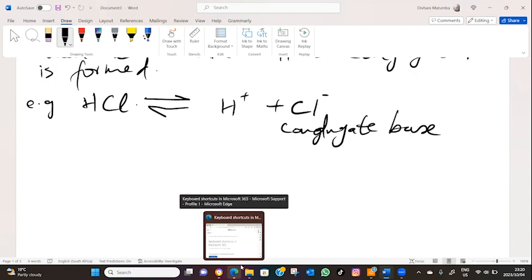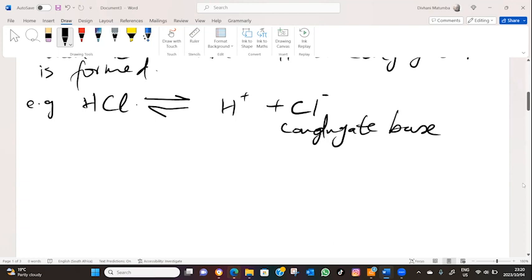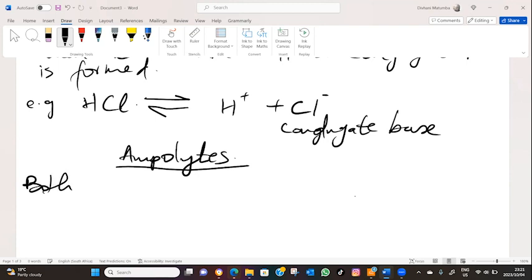Now, what are ampholites? Ampholites can be both acid or base.